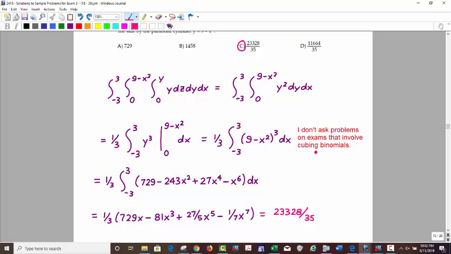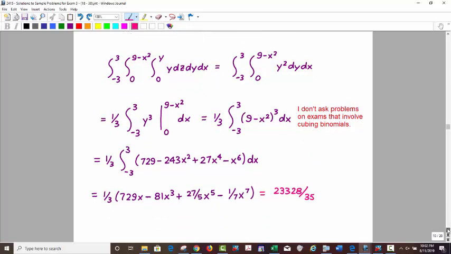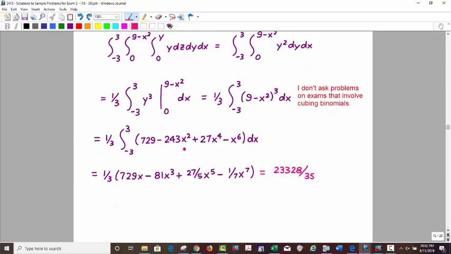Now here's what I'm mentioning. There's no way I would ask you to cube a binomial on the test, but I just wanted to leave the problem there, mainly for the setup purposes of it. So it didn't quite work out to the one that I would expect you to do, but I went ahead and finished it. I cubed it out and got this. The cubing would have been a pain, but once it's cubed out, it's easy to integrate term by term.